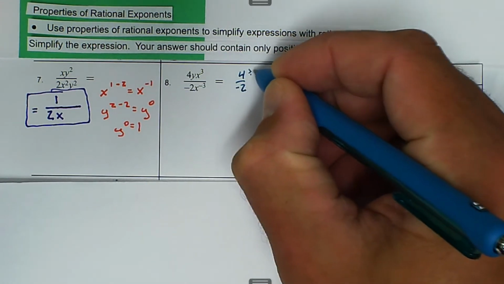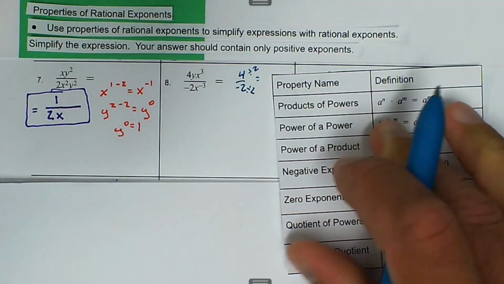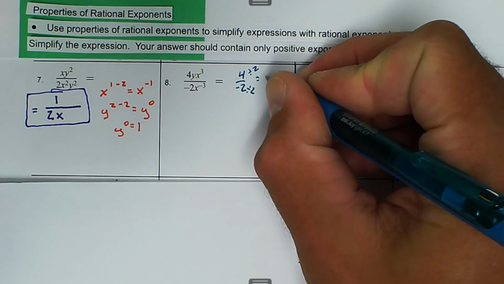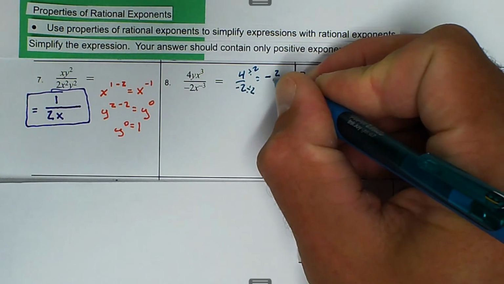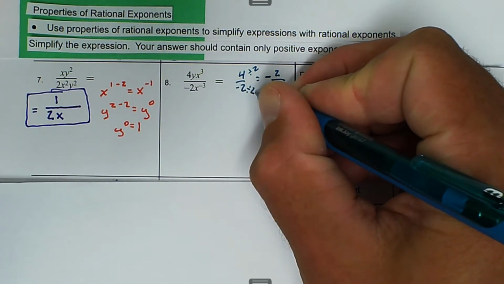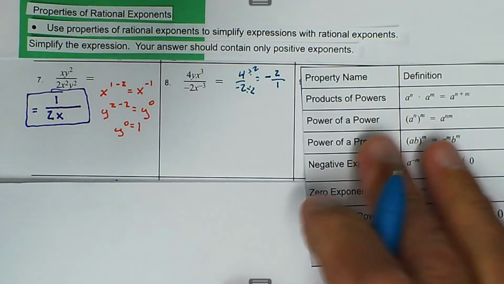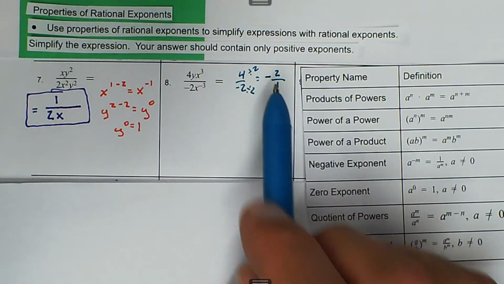These are both divisible by 2. And I want to put the negative out of the denominator, so I can just put it in front of the fraction. 4 divided by 2 is 2, and negative 2 divided by 2 is 1 with the negative out front. So those are my new reduced coefficients right there.